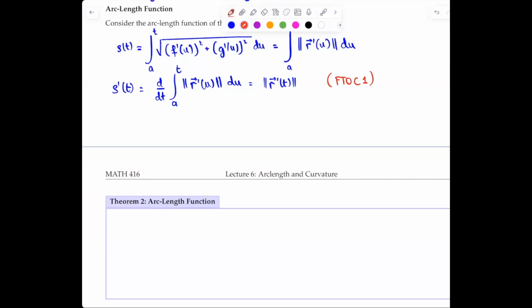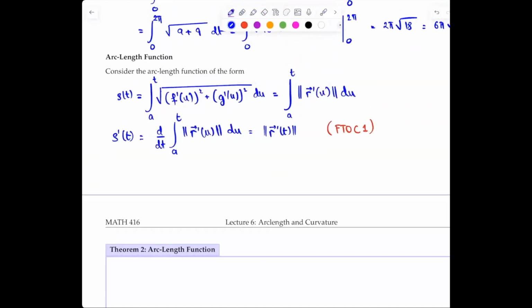Okay. So the idea here is that s of t, which is the arc length function, measures how far a particle travels along a curve. You, as a particle, move along the curve, and how far you travel will be described using this arc length function.